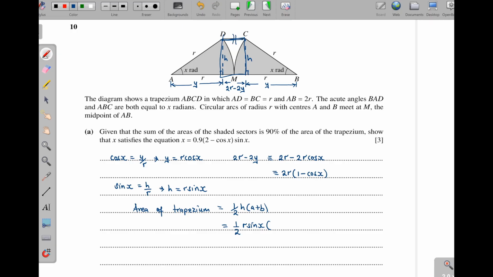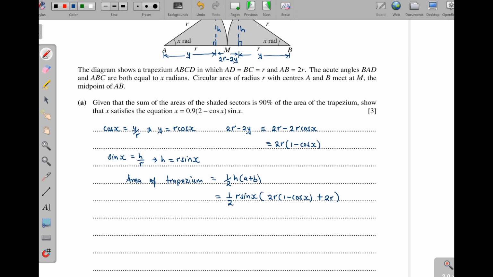So this length here is equal to this one down here. So I'm going to have 2r minus 2y, which is this one here. So that is 2r into 1 minus cos of x. Are we there? Then plus our b is the whole of this, which is 2r.